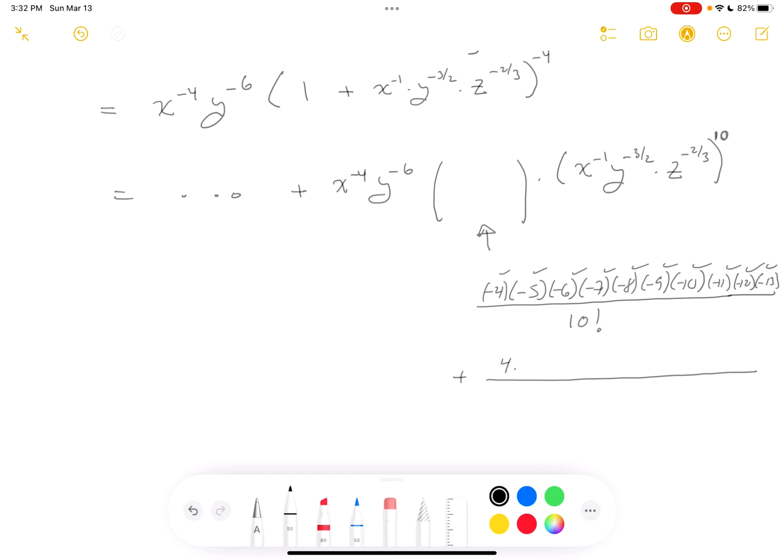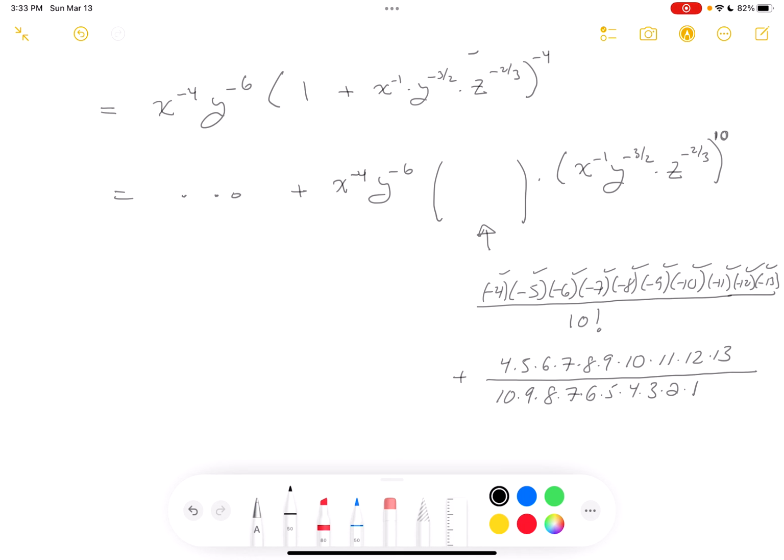So 4, 5, 6, 7, 8, 9, 10, 11, 12, 13. What goes on bottom? Well, 10 factorial, right? So 10, 9, 8, 7, 6, 5, 4, 3, 2, 1.